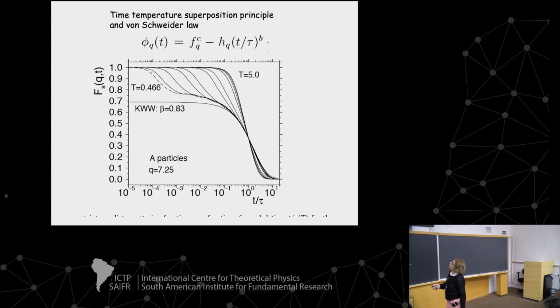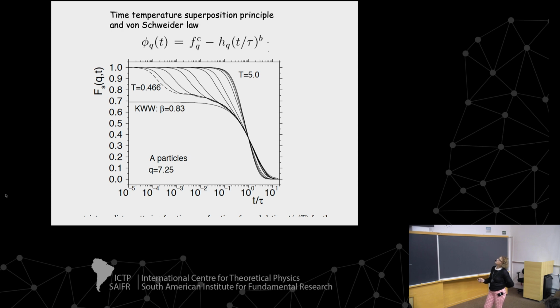B particle is similar. So there is another test of the theory that you can do. The theory predicts that there is the time-temperature superposition principle. If you fit the tau at each temperature, and you plot all the curves dividing the time of each curve by tau, where tau is the tau of that temperature, these curves follow a master curve here for a limited amount of time, which is this one.